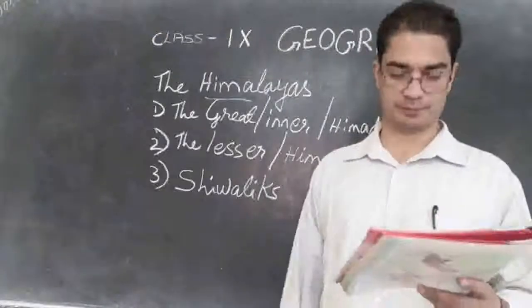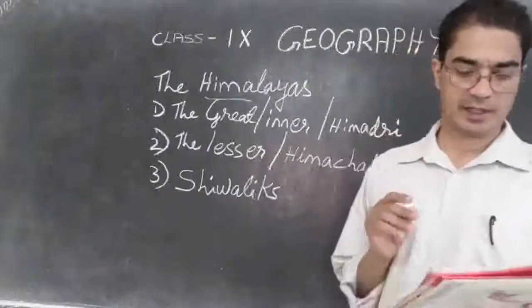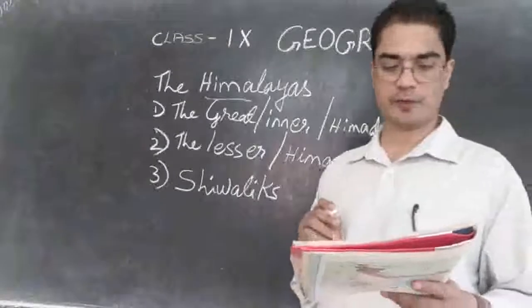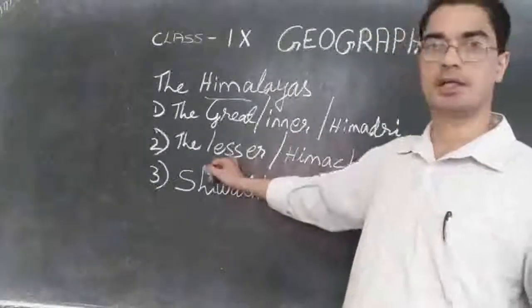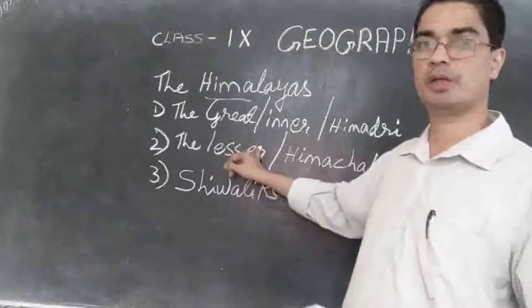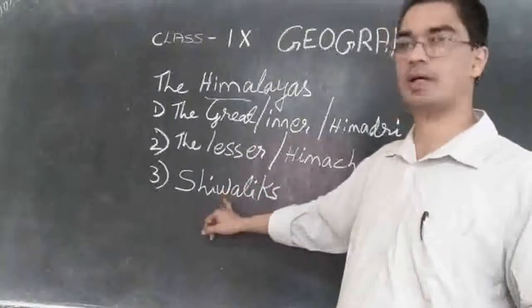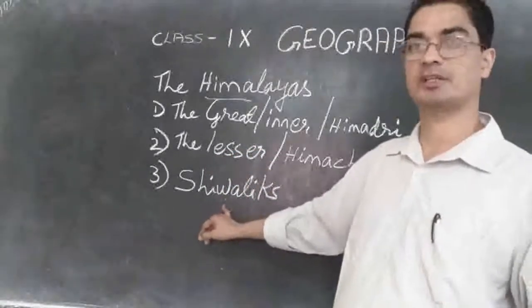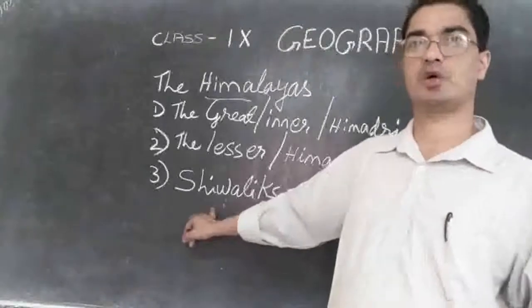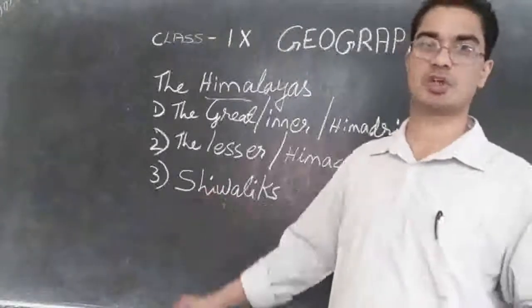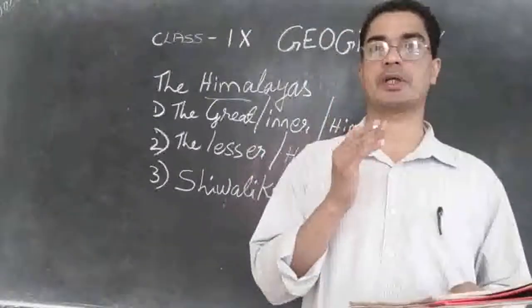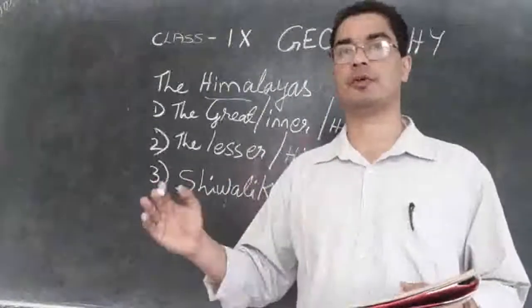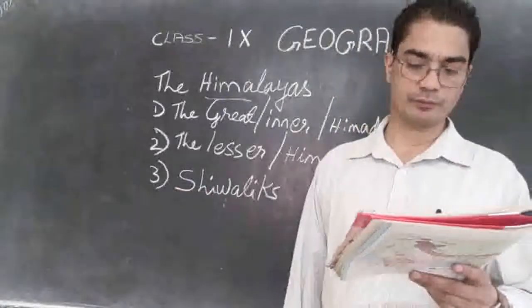That is the most outer part of the Himalaya, and they extend over a width of 10 to 50 kilometers. So we said the width of the lesser Himalaya is 50 kilometers, but here in Shivalik, everywhere it is not the same. Some places 10 kilometers long, some places 50 kilometers long. So their width varies from 10 kilometers to 50 kilometers.